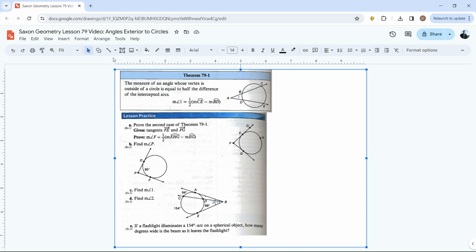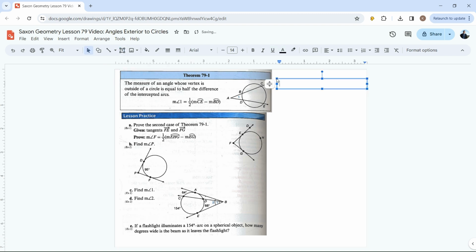Now, we're going to do this in the form of a paragraph proof. And we're going to reference some things that we learned about in the past. We're just going to type out the basics of our paragraph proof up here. And the first thing we need to do in any proof is list our givens. So we're going to say, given tangents FE and FG to a circle with an external angle, EFG.